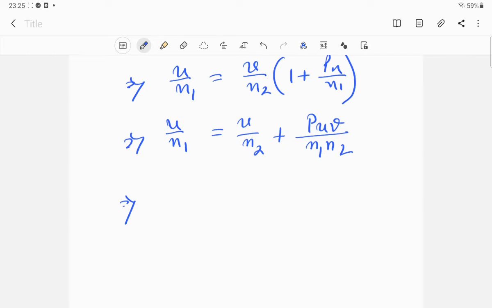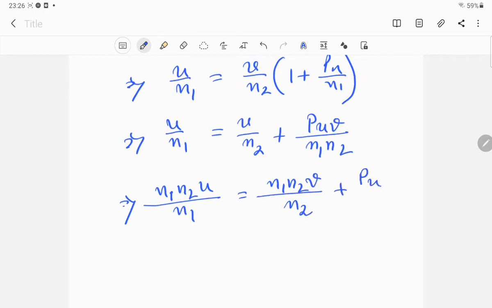So what we can do is multiply both sides by n1 n2. What will happen? n1 n2 u by n1 equals n1 n2 v by n2 plus puv n1 n2 by n1 n2.